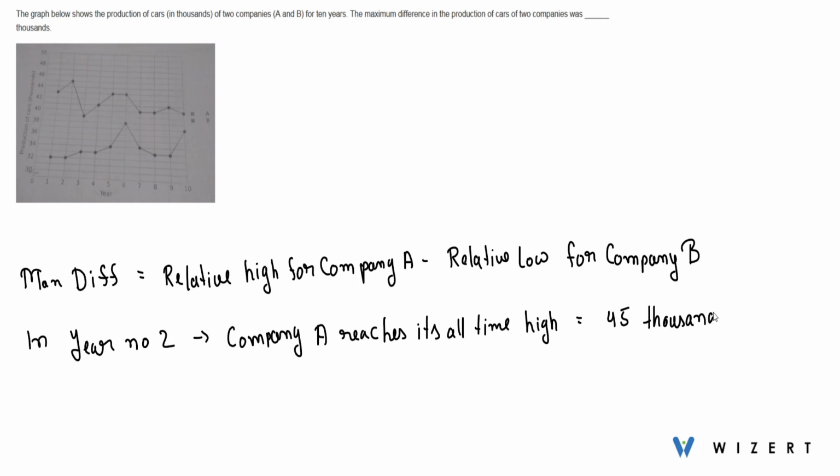And in the same year, company B reaches its all-time low, which is equal to 32,000.